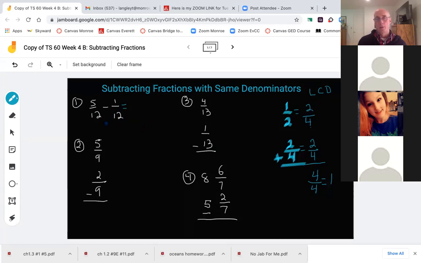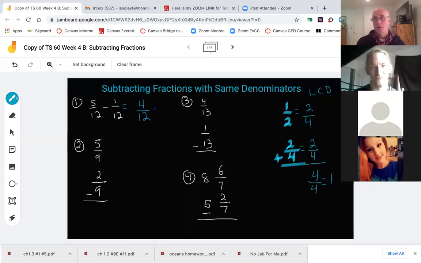This example will be simpler to comprehend because it's got the same denominator. So I could go, okay, well, 5/12 minus 1/12. They both have 12s, so there's my common denominator. And then I could subtract 1 from 5 and get a 4. And then I would look at that and go, can that reduce?